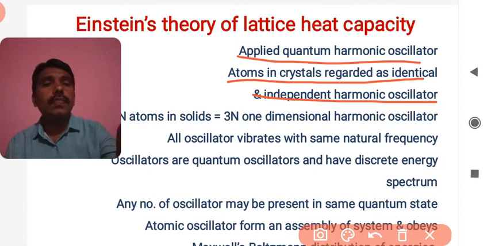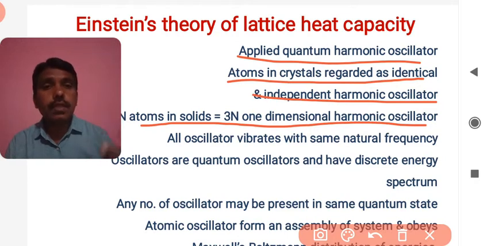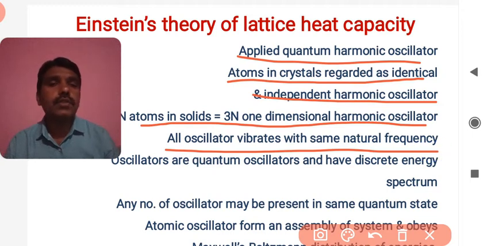N atoms in the solid are equal to 3N one-dimensional harmonic oscillators. Again, all the oscillators vibrate with the same natural frequency, omega 0.